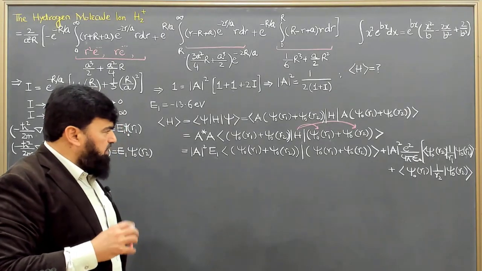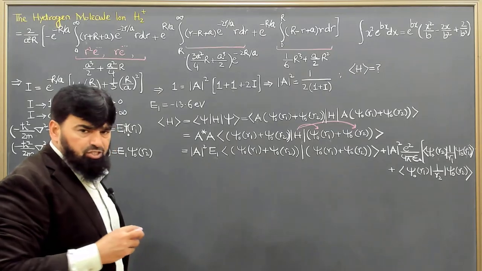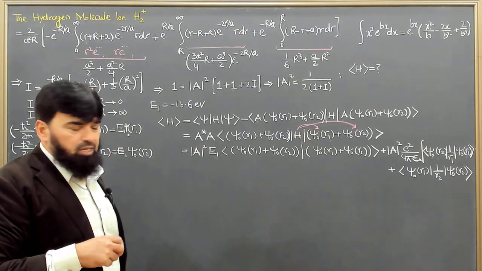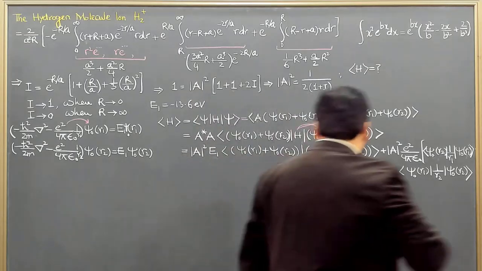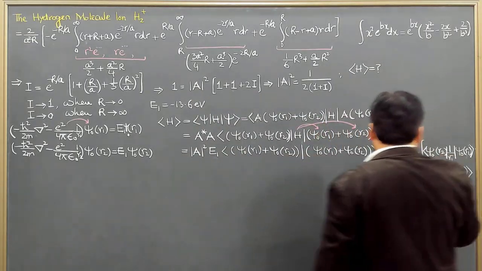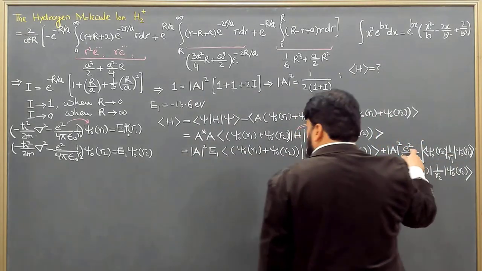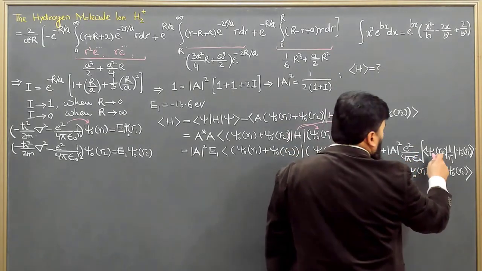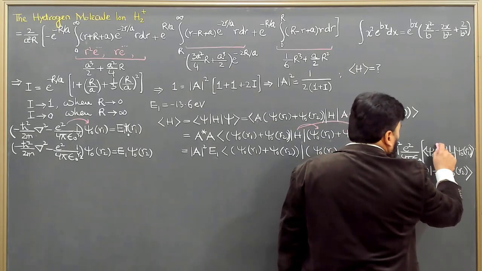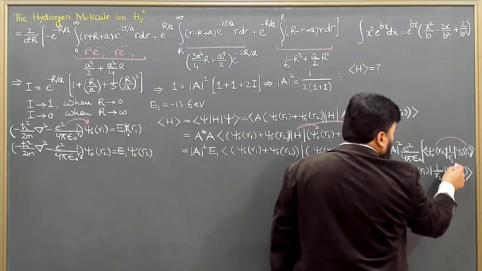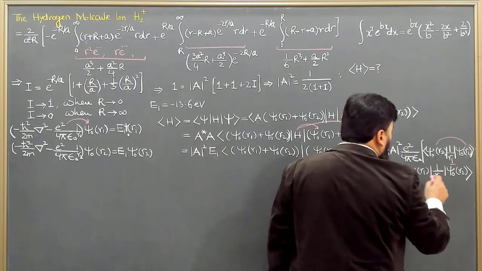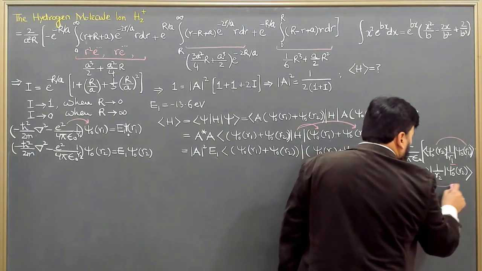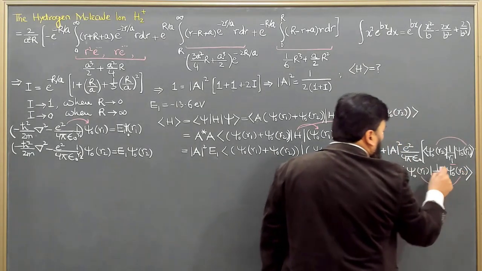I should have done this simplification, but I think it is easy. You will comprehend this thing easily. Then the only terms that will remain here with the e square over 4 pi epsilon naught are the cross terms. When R2 is here, then R1 is here, and here you are having R1. And when R1 is here, then R2 is here, and R2.